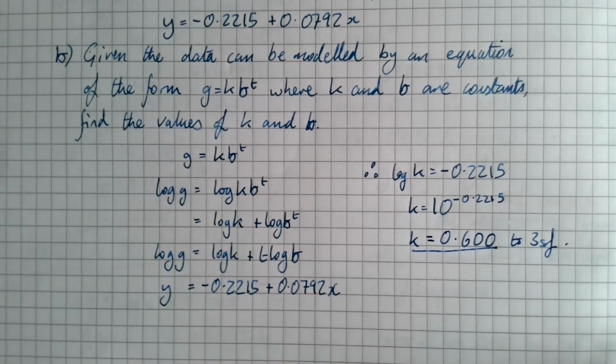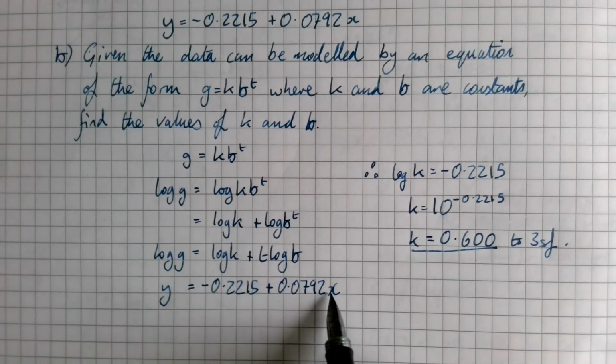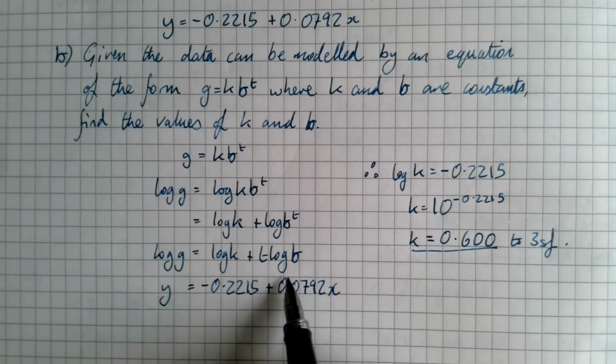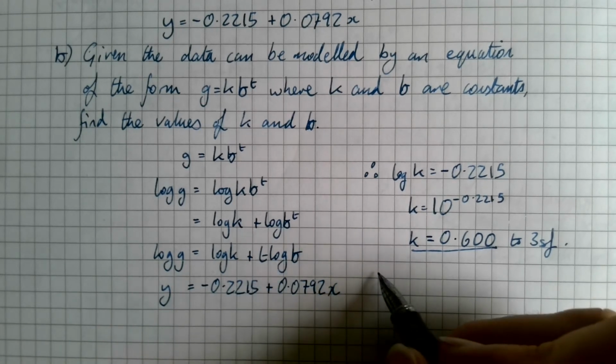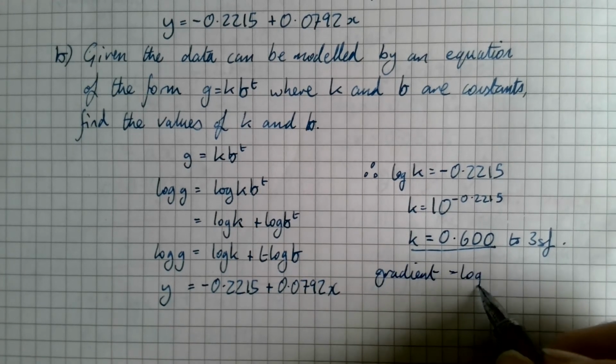So that's k. And then the other part here is 0.0792 is the gradient, isn't it? Now we were plotting x as t, it wasn't as log x, was it? So that means that this must be log b. So t has become x, because that was what was going along on the x-axis, wasn't it? So this log b is our gradient. So gradient equals log b.